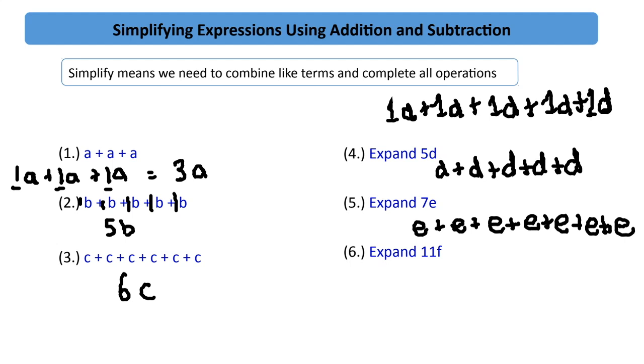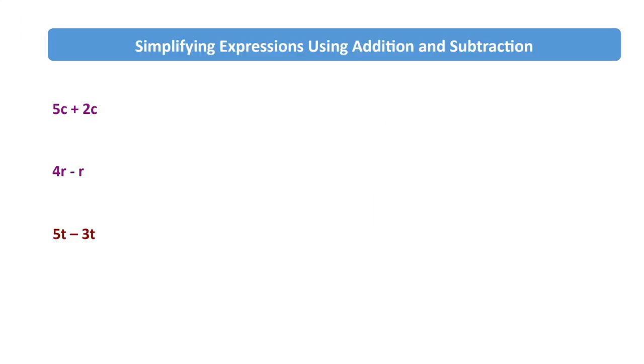So now let's look at questions that don't just have a 1 in front, right? Let's look at something that has a 5c plus a 2c. So we're going to look at the coefficient in front. Well, first, actually, we're going to look and say, do I have the same variable? I have a c and a c, so those are the arrows. And they both have an exponent of 1, but again, mathematicians are lazy, we don't write the 1.